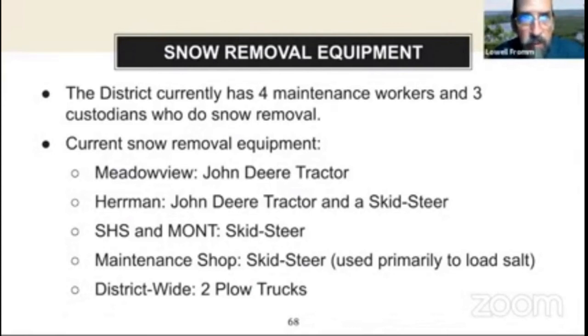This last John Deere will be kept at the shop, and then that will go directly to Southside, and this one will also go to Maplewood, but the Herman tractor stays pretty much on site, and so does the Meadowview tractor. Where is it stored at Meadowview? At the receiving area. Okay.